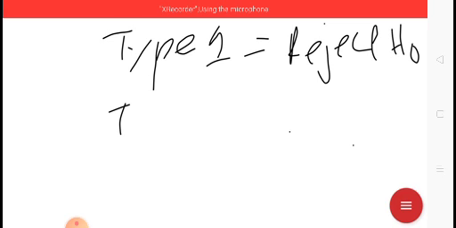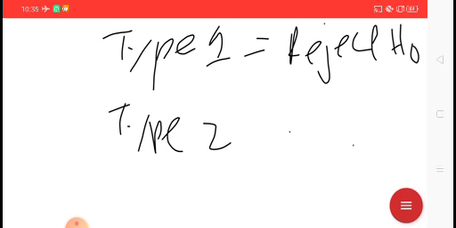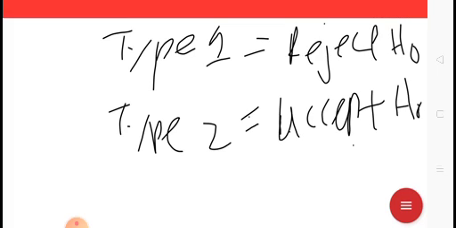Okay, and type 2 will be we accept H naught. Right. So these two are type 1 and type 2 error. And so today we were going to use these two principles to do the calculation, right?